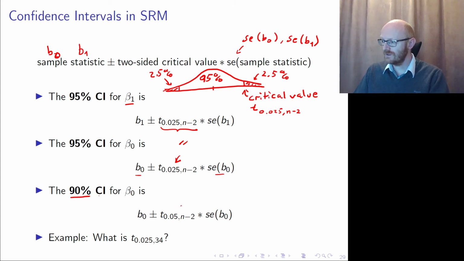And what's different is just the number of standard errors you have to go away from the mean, or your coefficient. So here you have a different critical value.